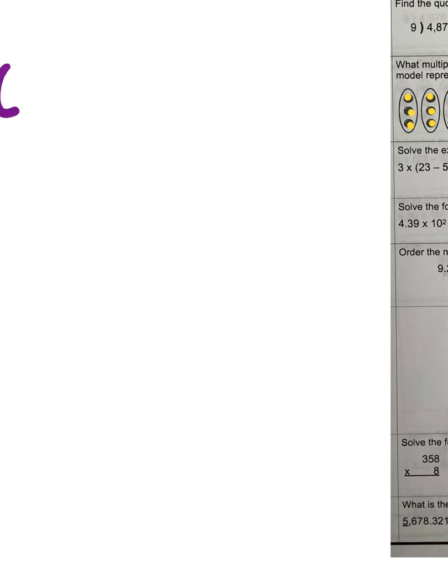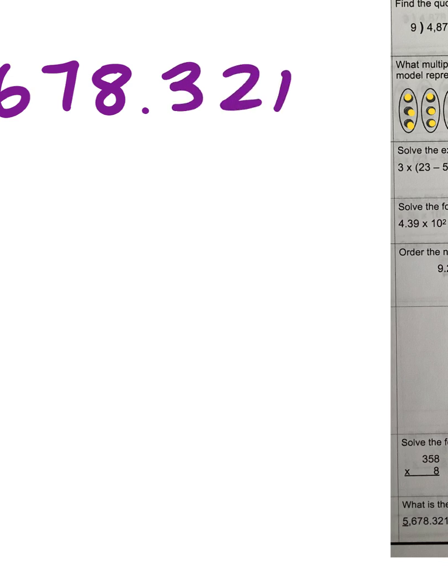Guys, you know I like to write down what I know here. I like to go above and beyond because some of us are still learning our place values. So when I look at this digit, I know that this 5 is in the thousands place. This 6 is in the hundreds place.